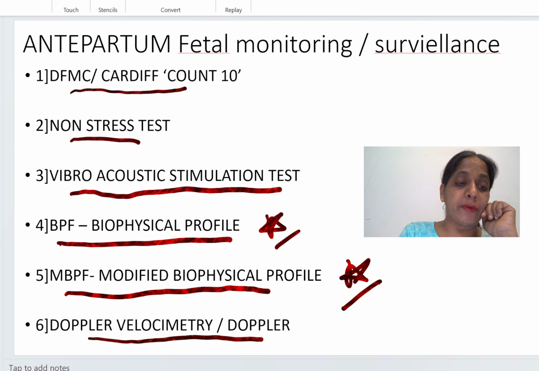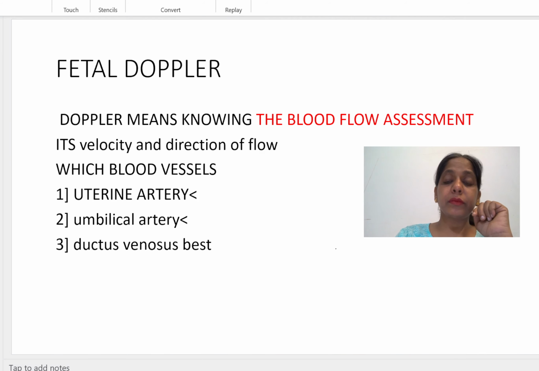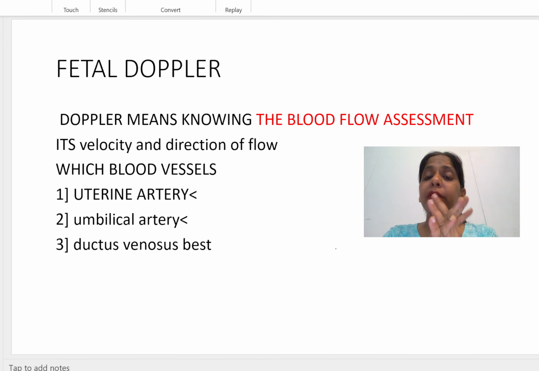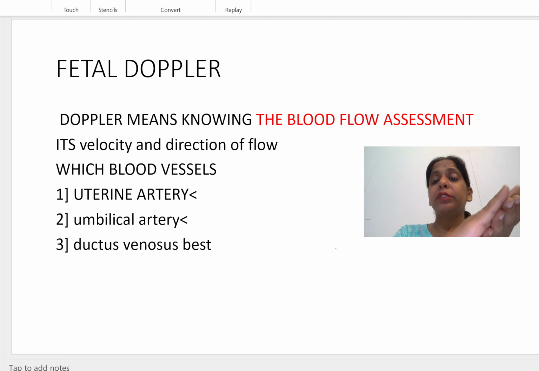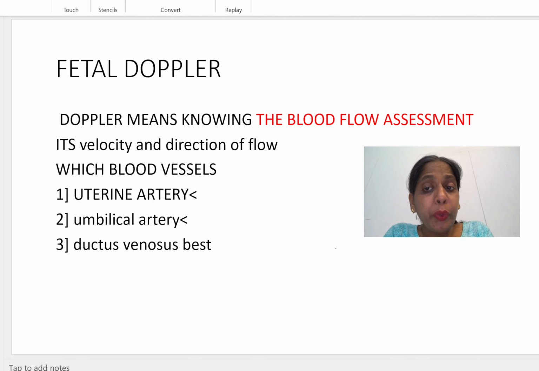So what is Doppler velocimetry? Fetal Doppler means knowing about the blood flow, how the blood is flowing in the fetus. You know that if the fetus is suffering hypoxia, the blood flow will also be altered, right?